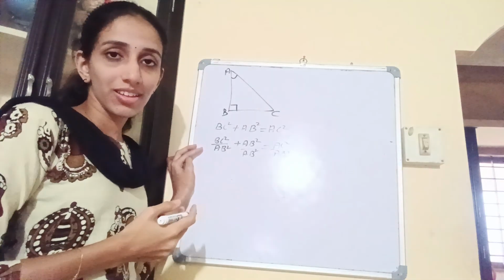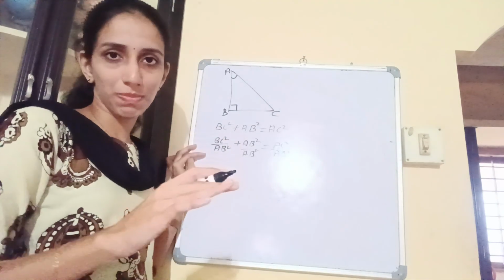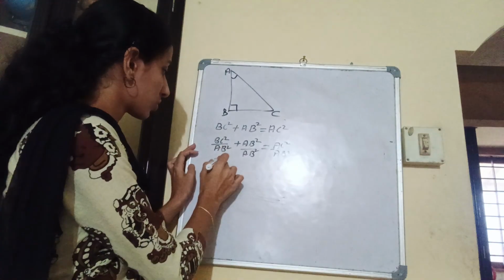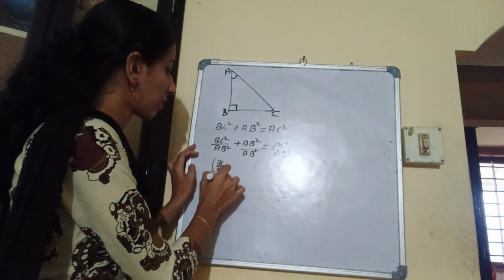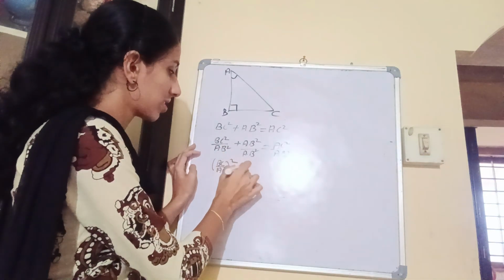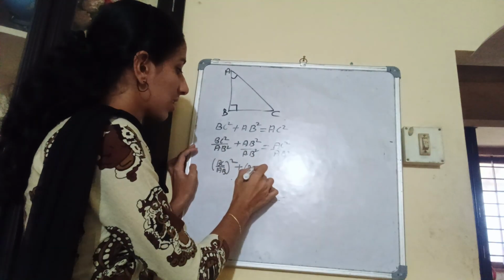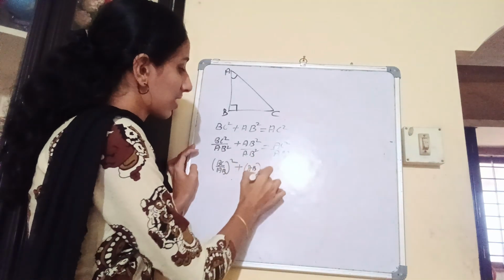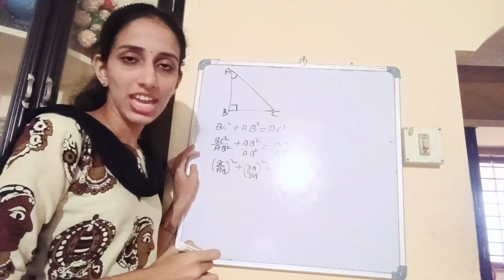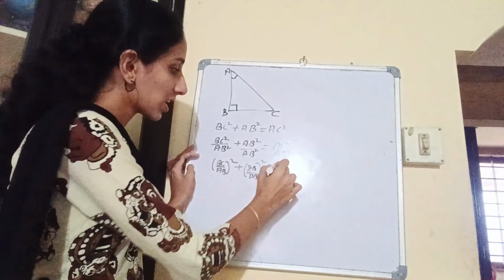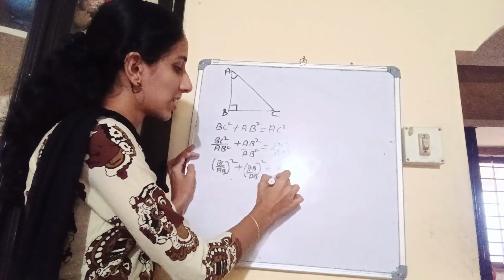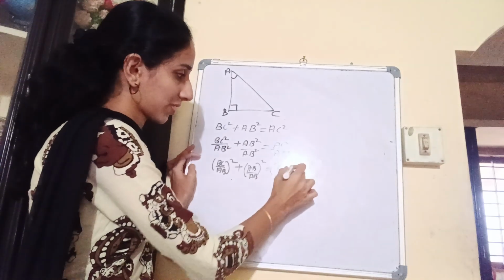Yes, the same step. It becomes BC by AB whole square plus AB by AB whole square equals AC square by AB square, which becomes AC by AB whole square.